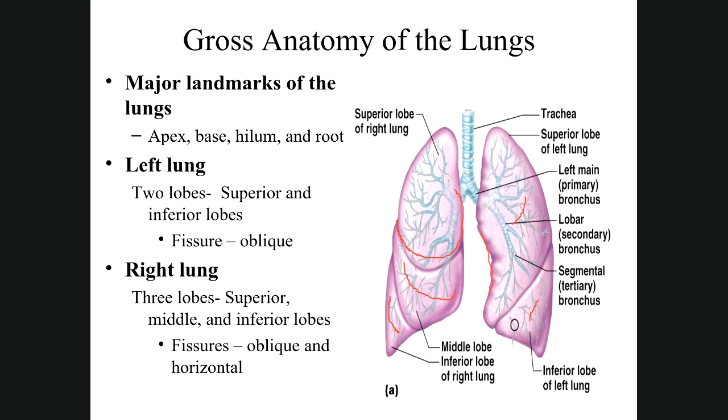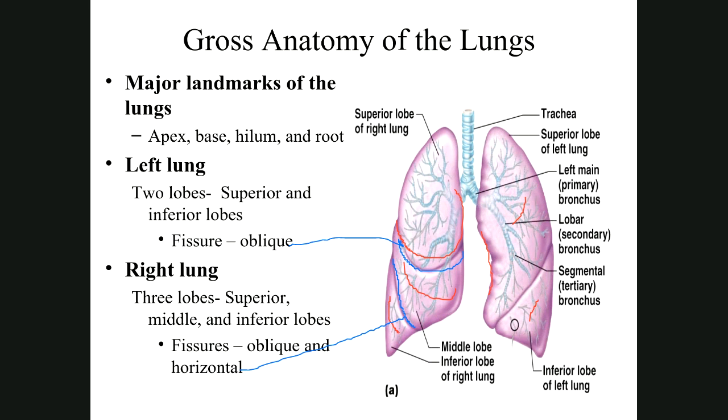And then how are they divided? The right lung has 3 lobes by 2 fissures. This is the oblique fissure and this other one is the horizontal fissure.